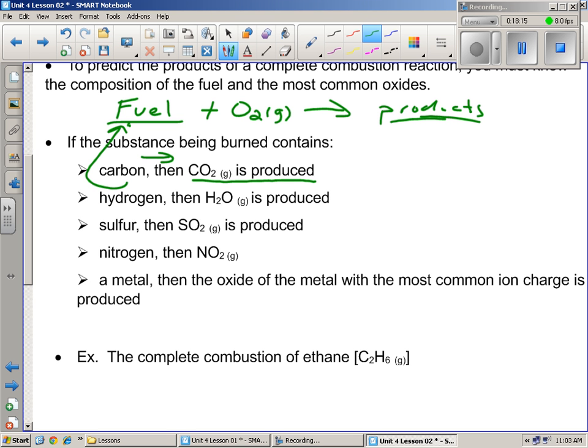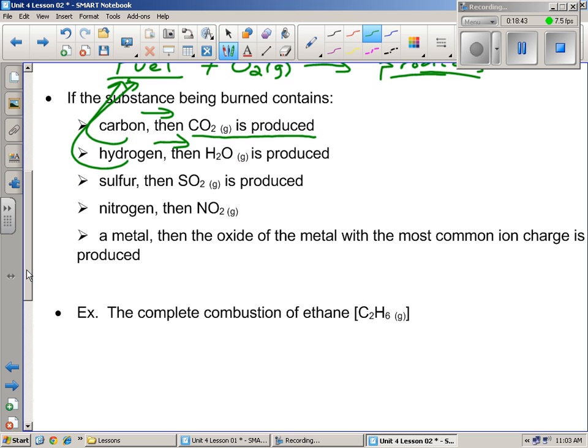If you're burning carbon, you get carbon dioxide, which is, by the way, what you do when you burn fuel in your car. If you burn hydrogen in the fuel, you get H2O gas produced. Those might have been something that you did last year. I'm going to assume that it was. If not, now you know.